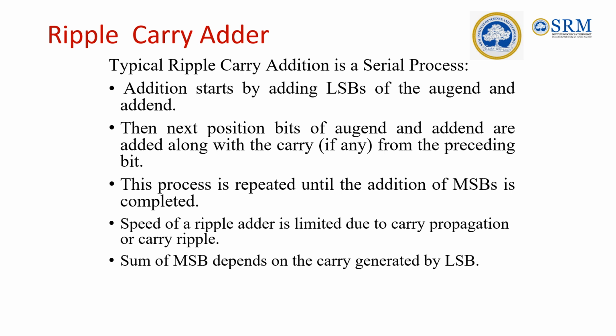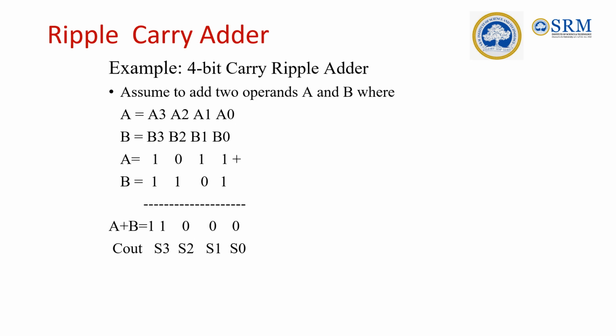Addition starts by adding the least significant bits of the augend and addend. The next significant bits of augend and addend are added along with the carry from the preceding bit. This process continues until the addition of the most significant bit is carried out. So A0 and B0 are added, then A1 and B1 are added with the carry, A2 and B2 are added with the carry, A3 and B3 are added with the carry. So you get the sum S0, S1, S2, S3 and the carry C4.